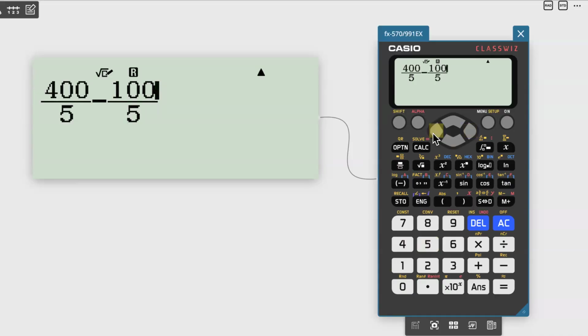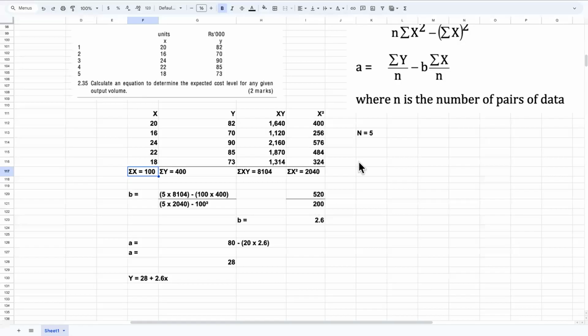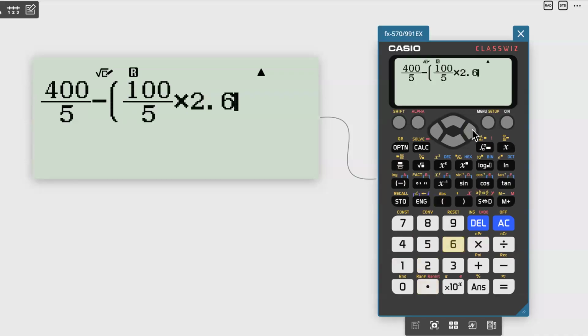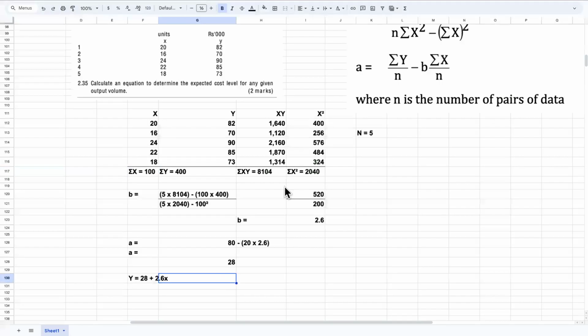Then we will put a bracket because we have to multiply it by b, 2.6. Close the bracket. We end up with the same 28, right? That's how you can use the calculator in your examinations as well.